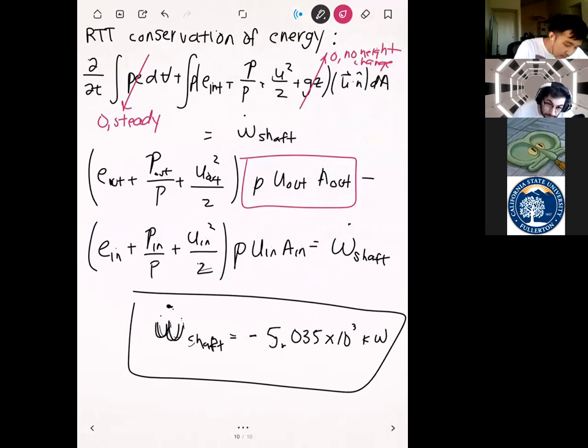This density comes from this density right here. This velocity comes from the carrying velocity, and this area comes from this dA right here. So it's basically a result of performing that integration, assuming that all of these quantities are constant, so we can just perform the integration over A. Okay, thank you. Mm-hmm.